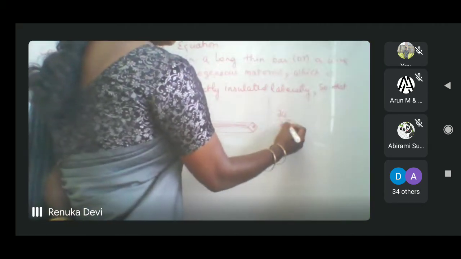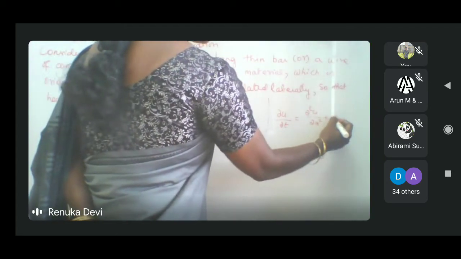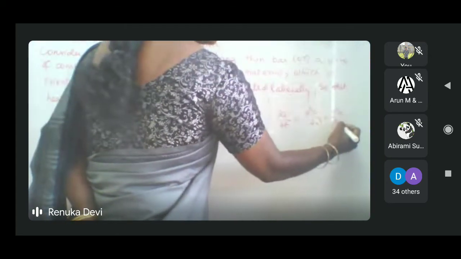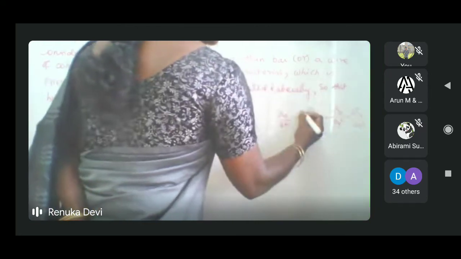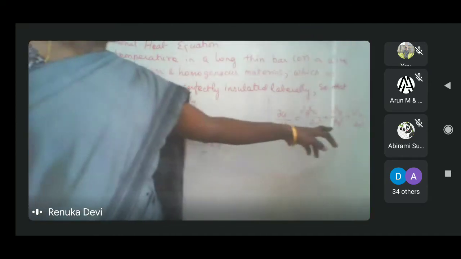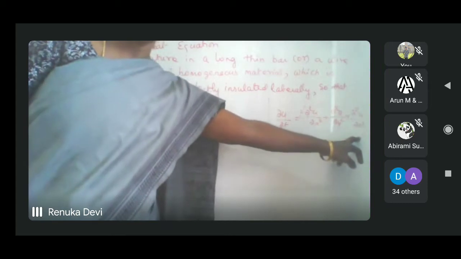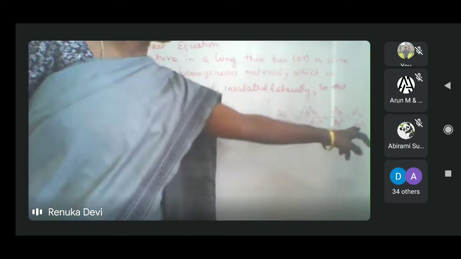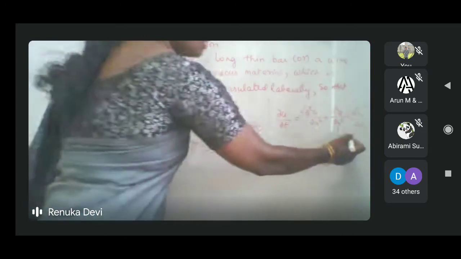Dou u by dou t equals c squared into dou squared u by dou x squared plus dou squared u by dou y squared plus dou squared u by dou z squared. This is the general equation of the heat. But here the vertical or third dimension motion is not available, only one direction is available. So these terms will not appear.